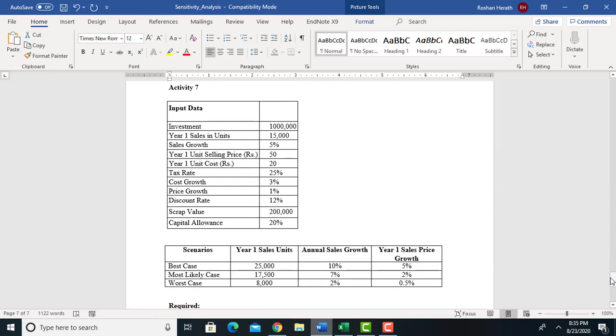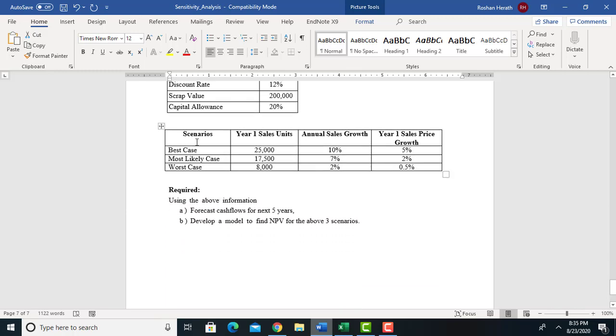Here I have given you information on a particular investment appraisal. The investment is given, the year 1 sales, sales growth, likewise the whole lot of information is given, and you are so used to this. We've been working out models as such, but here the most important part is the scenarios.